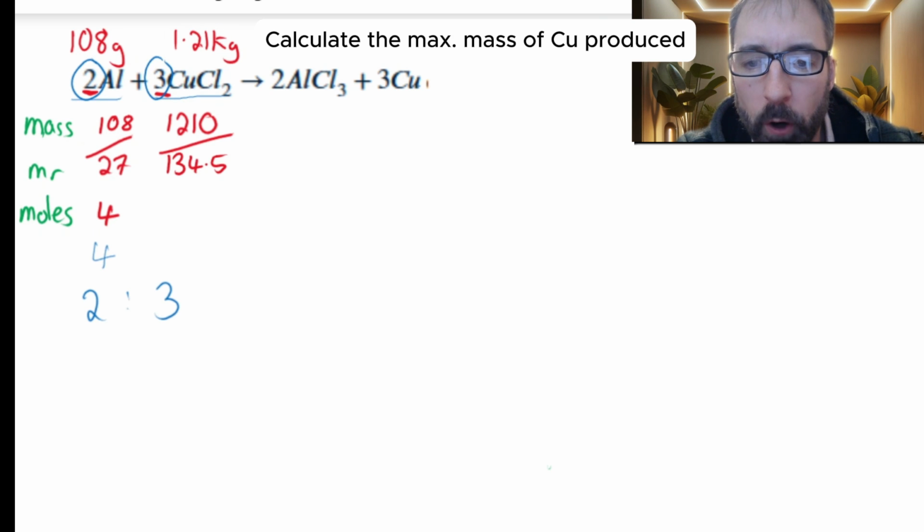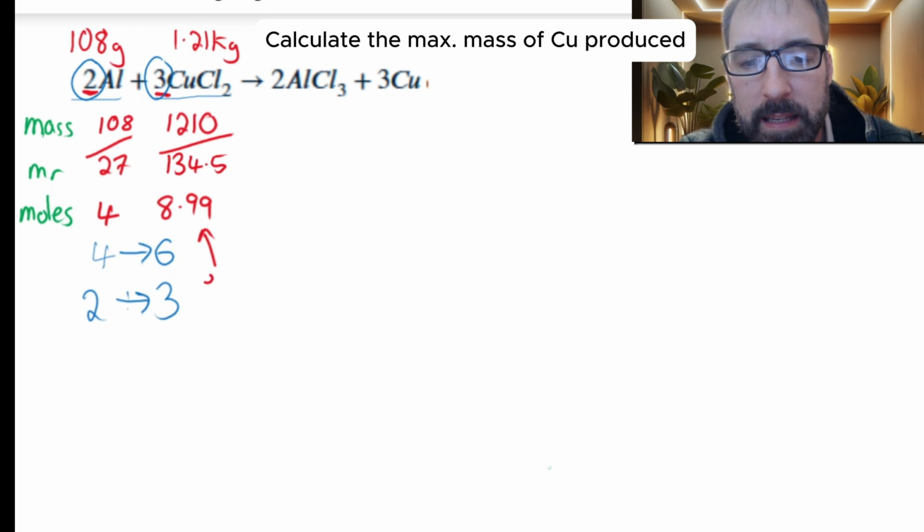If we've got 4 moles of aluminium, that would want to react with 6 moles of copper chloride. Okay, because the same 4 to 6 is the same as 2 to 3. So we had 8.99. 8.99 is larger than 6, which means this is the excess reagent.